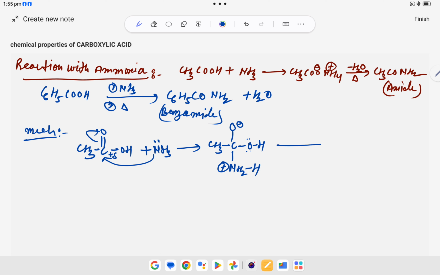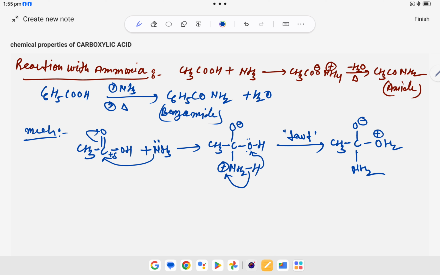Then you have to perform tautomerism. So what you can do by the tautomerism? These hydrogen electrons shifted to the nitrogen, positive charge vanish, and that hydrogen free, that will attach to the oxygen. So after the tautomerism you are getting CH3C, oxygen negative sign, and here it is OH2, oxygen is having positive charge because H plus accepting, and NH2.